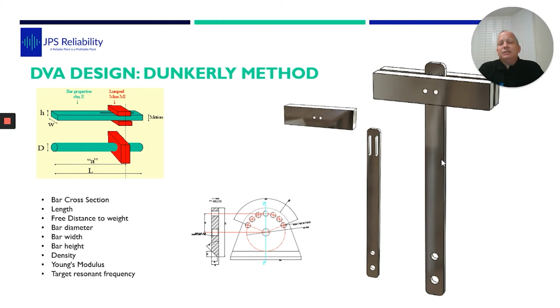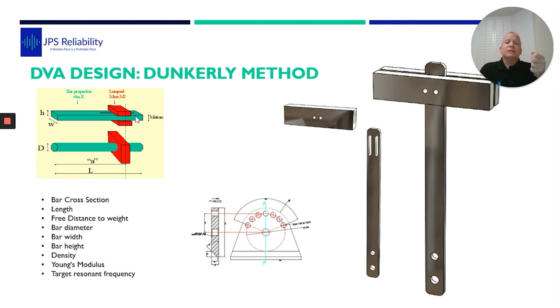So I've been looking at these since I did my level 3 back in Australia. And there's a few different methods, the Den Hartog method and the Dunkerley method. And I decided to go with the Dunkerley method. Basically, by knowing the material properties, the Young's modulus, the density of the steel, the distance from the fixing point to where your mass is, you can actually make a piece of item that will self-resonate or excite at a certain frequency.